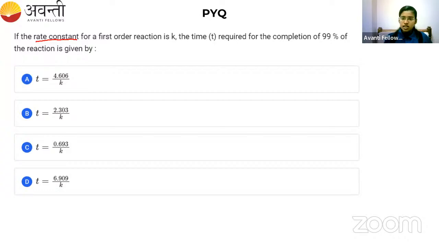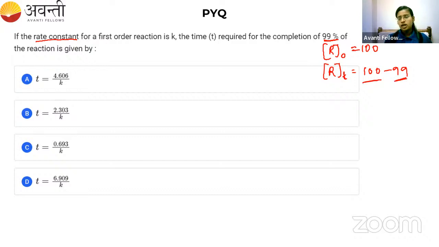Initially, the concentration of the reactant would be 100%. After some time T, 99% of the reaction got completed, so from the 100%, 99% has reacted.